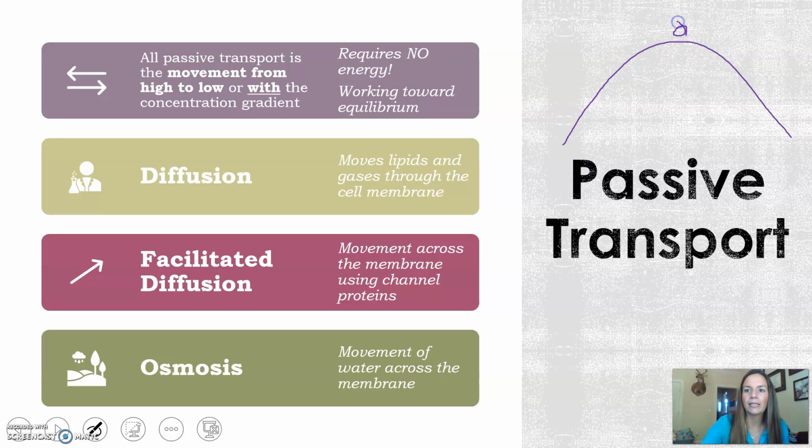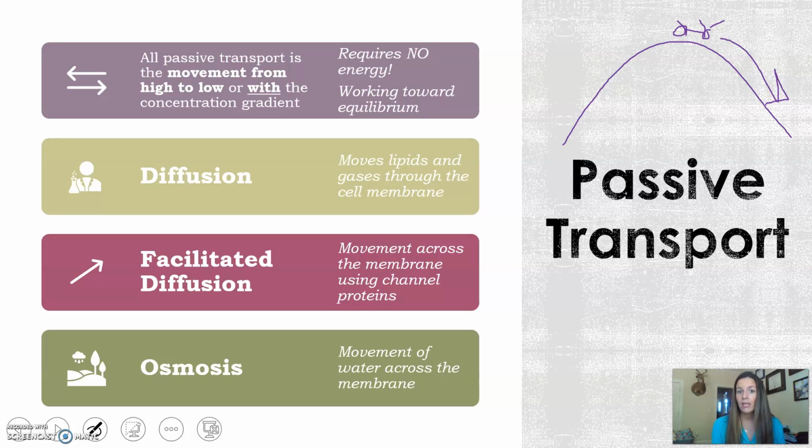So if you're on your little bicycle at the top of the hill here, excuse my terrible drawing, and you're going downhill, you don't need to use any energy to go downhill. So you're going with the concentration gradient, and you're working towards equilibrium, or that flat ground, and it requires no energy.